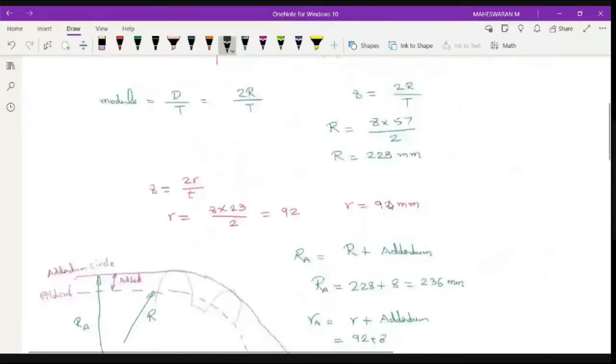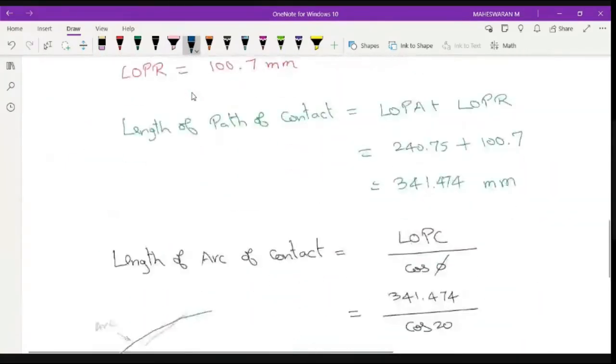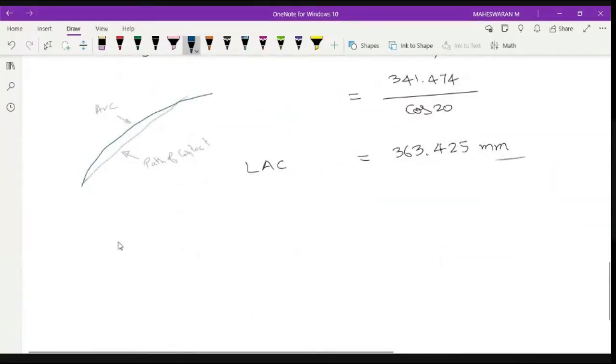So the next one, the last one, is contact ratio. You have to identify the contact ratio for this particular problem. So let us identify what the contact ratio is. Contact ratio is how many teeth are in contact when there is a mesh.